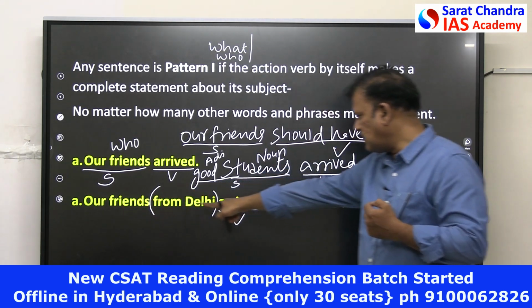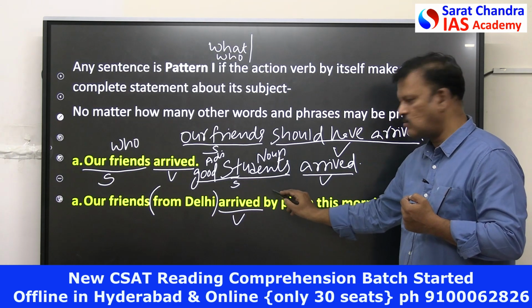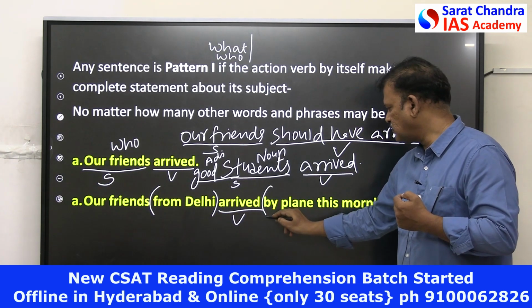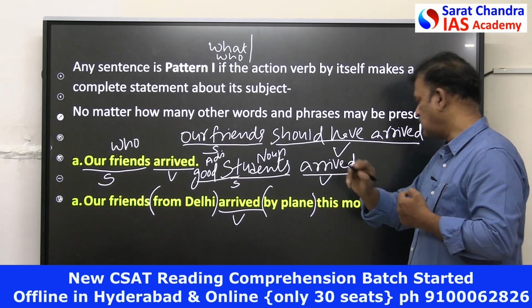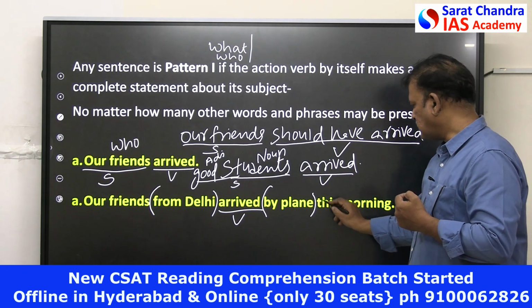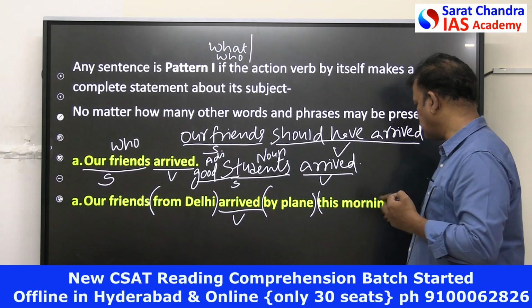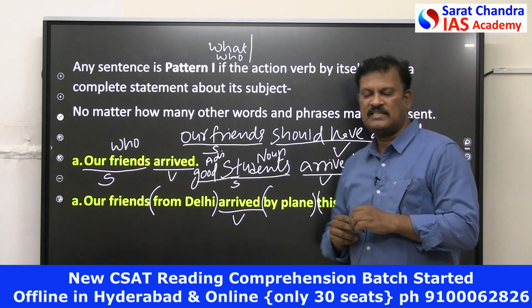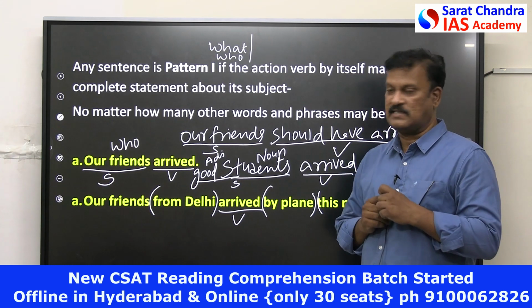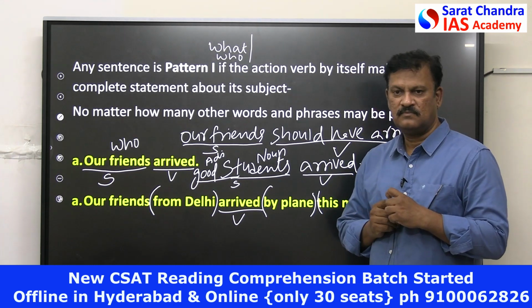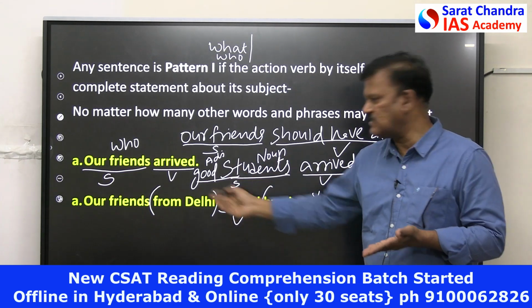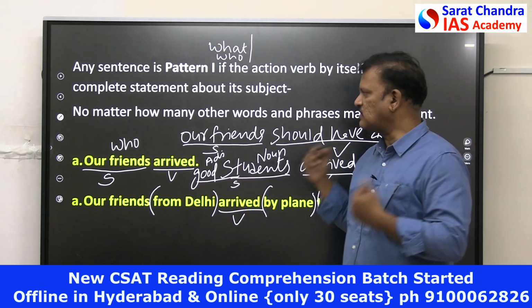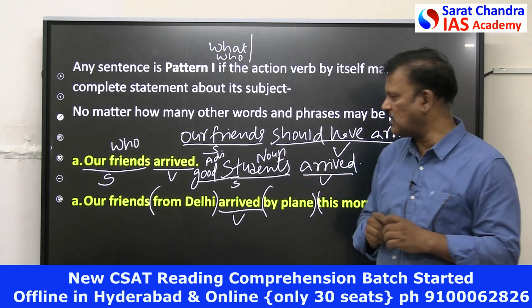Now, our friends are, now do you have one more? One more preposition. And I would say this one also is extra information. Now, read the sentence without this bracket. So, S and V. The structure of the sentence is S and V. That is the point this sentence is trying to tell you.